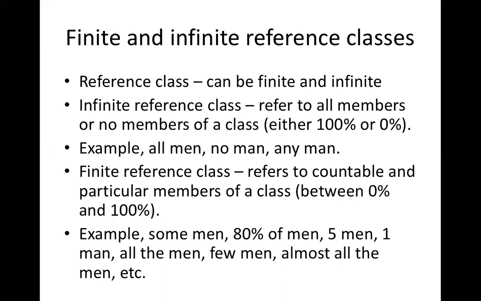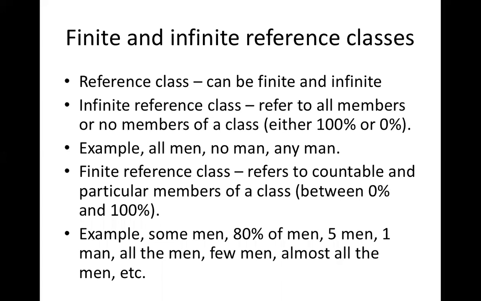But when you say all men, it is not countable because all men would include all men who have existed, and then those who are yet to exist, who are yet to be born. It is infinite and uncountable.